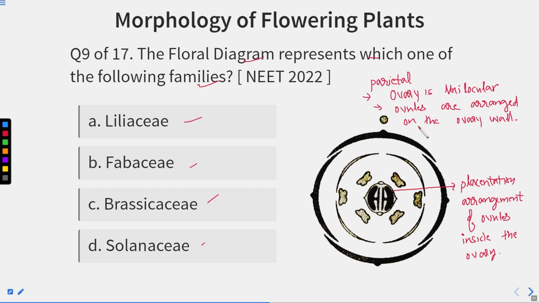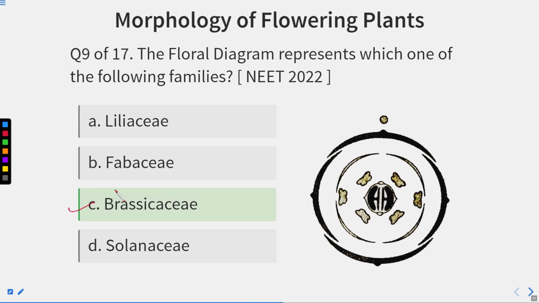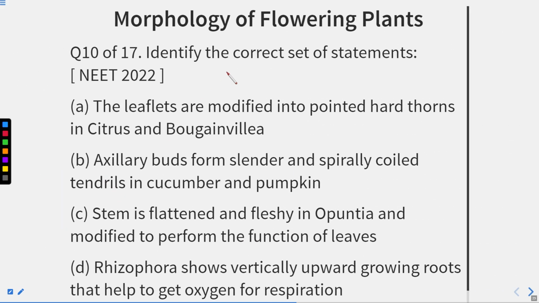So here you can see parietal placentation, and this is the feature of Brassicaceae. And coming to the next question, here we have to identify the correct set of statements.